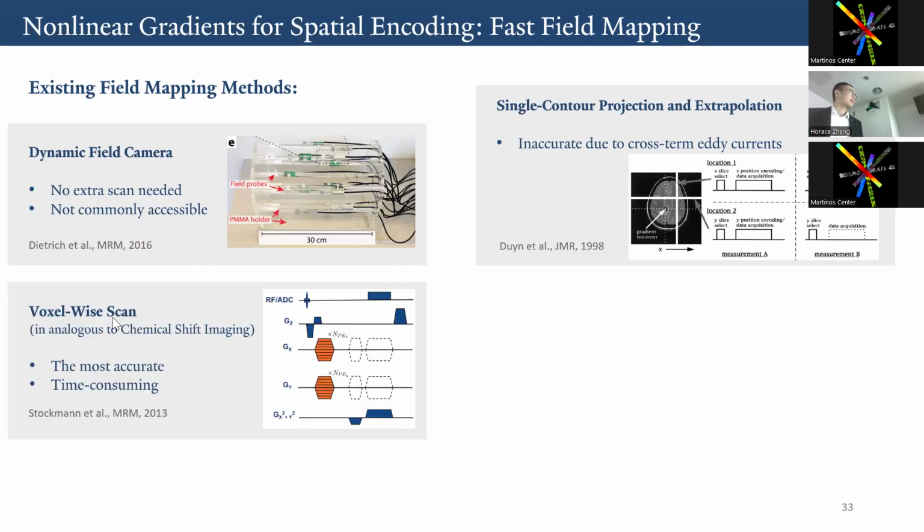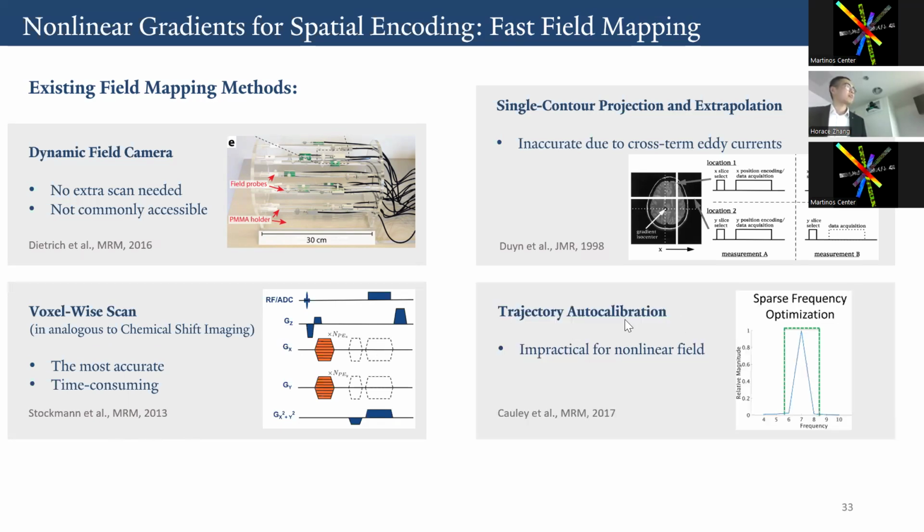The voxel-wise scan is the most rigorous but the most time-consuming method, also implemented by Jason in his work. It turns off the readout encoding and adds an additional dimension of phase encoding. That's why it adds up to such a long scan time.